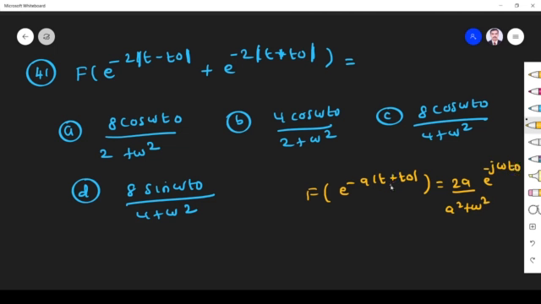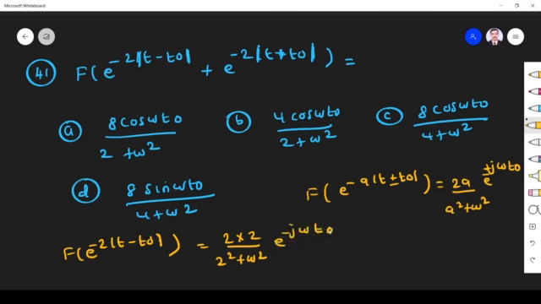If it is plus or minus, it will be plus or minus. So now we have to find the Fourier transform of e power minus 2 mod of t minus t naught. That is given by 2 into a divided by a squared plus omega square, e power minus j omega t naught, right?